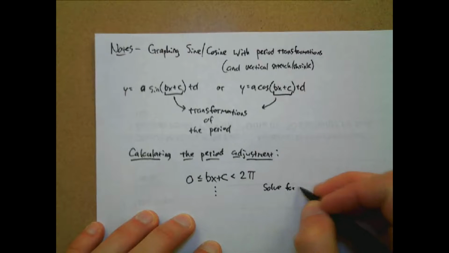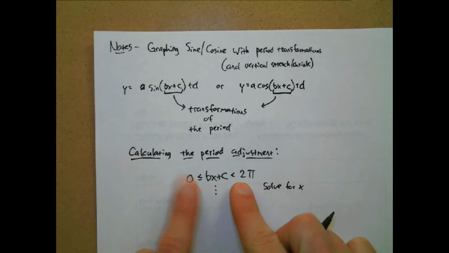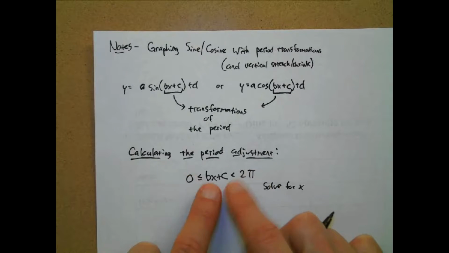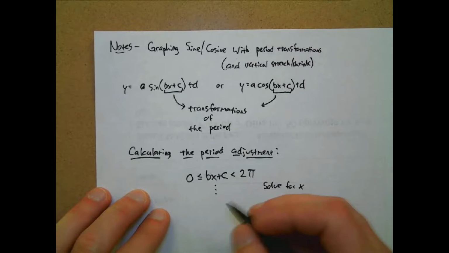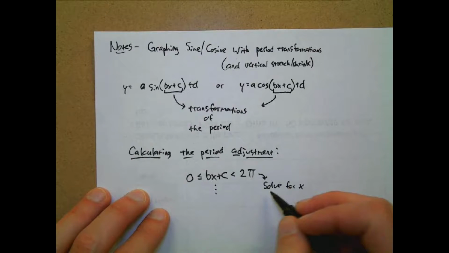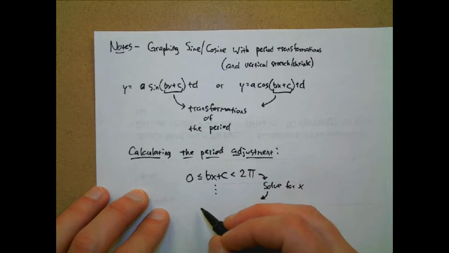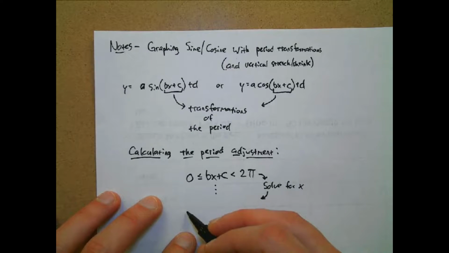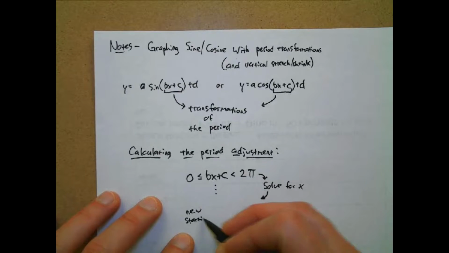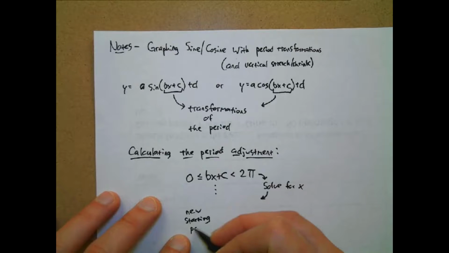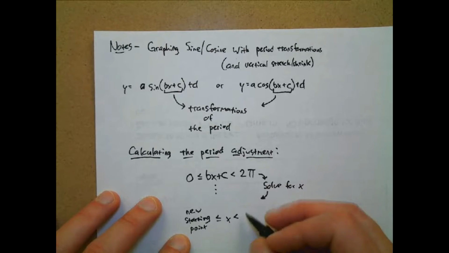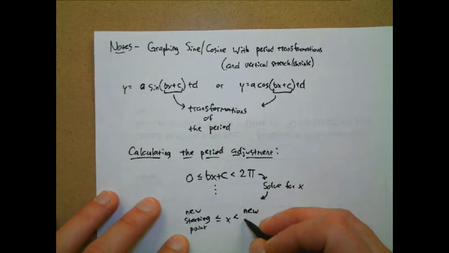So this is a compound inequality, right? We have a left-hand side and a right-hand side. So what do we do to this left-hand side? We'll also do the right-hand side and, of course, the middle as well. We'll solve for x. And we should end up then with our new starting point less than or equal to x less than our new ending point.